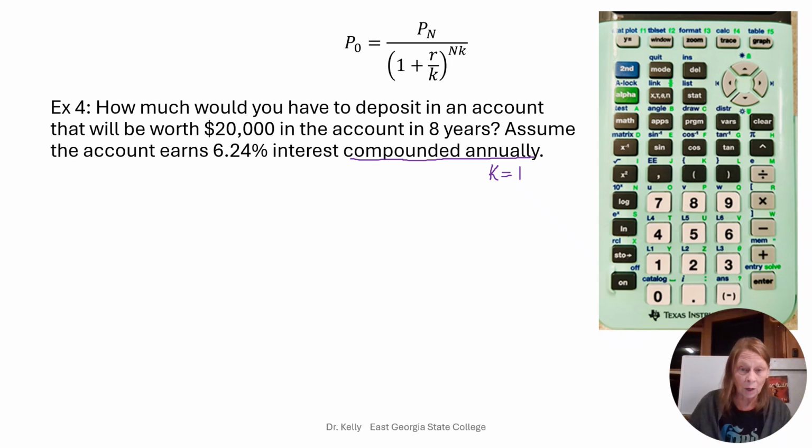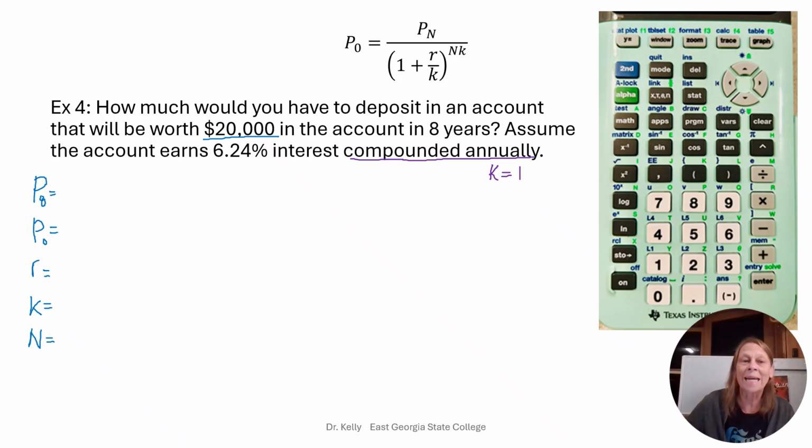Okay, let's write out everything here. You have P sub 8, P naught, R, K, and N. So how much would you have to deposit in an account that will be worth $20,000?